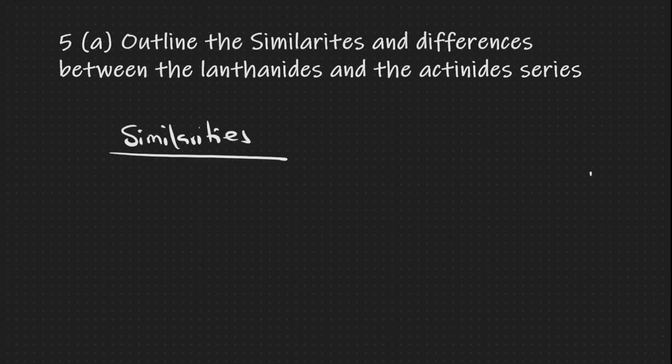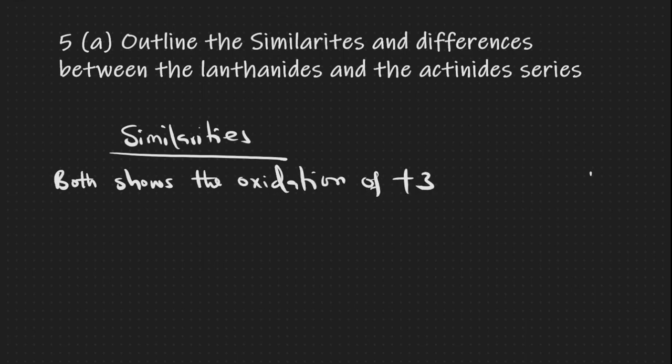Now going to our question, the similarities between these series. The first similarity here is that both the series elements mostly show an oxidation state of positive 3. The second similarity is that both of these series are highly electropositive. The third similarity is that both of them are F block elements.